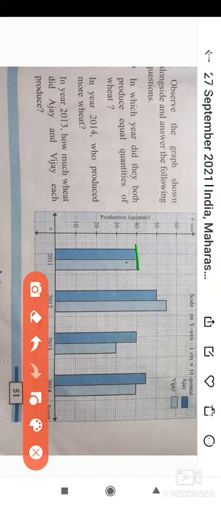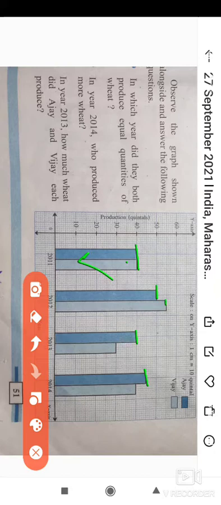Both markings are the same, and in 2011 they produced equal quantities. Ajay's production in 2012 was less than Vijay's production. Similarly, Ajay's production is more in 2013 and 2014 than Vijay's production.